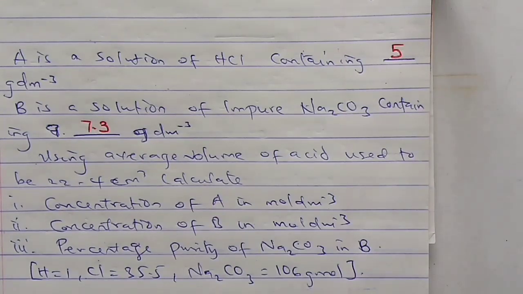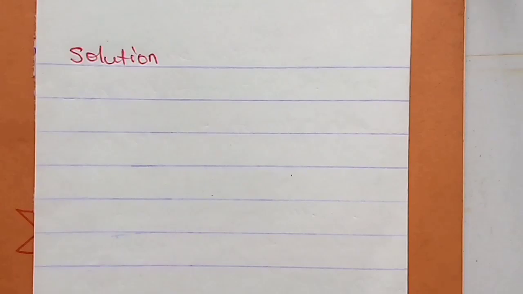Concentration of A in mole per dm cube. 2. Concentration of B in mole per dm cube. 3. Percentage purity of sodium trioxocarbonate(IV) in B. Take H to be 1, chlorine to be 35.5, sodium trioxocarbonate(IV) to be 106 gram per mole. Solution to the question.